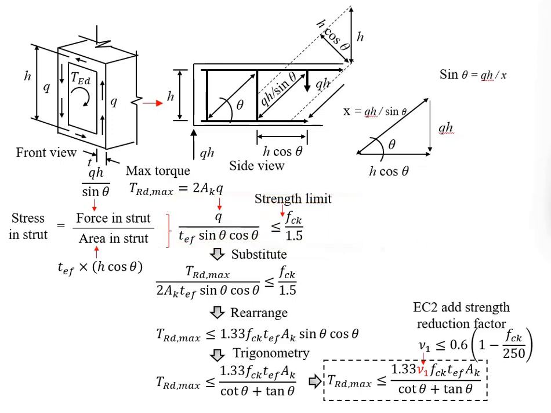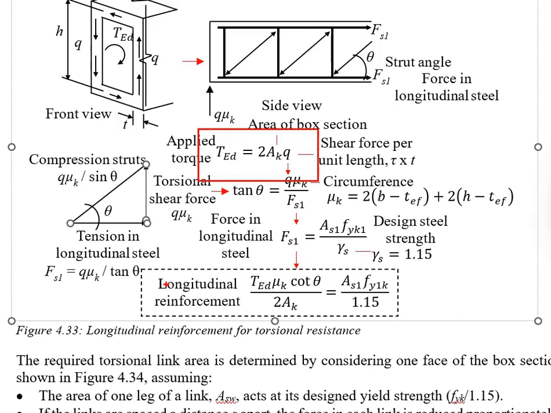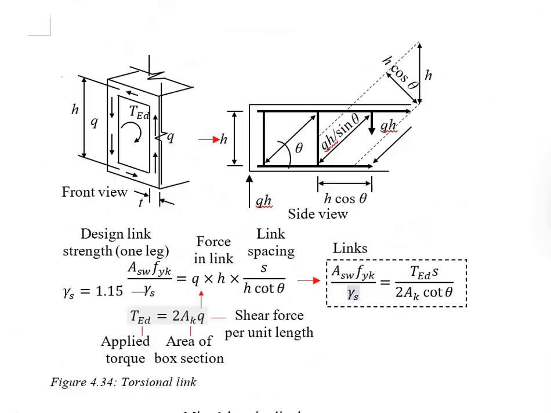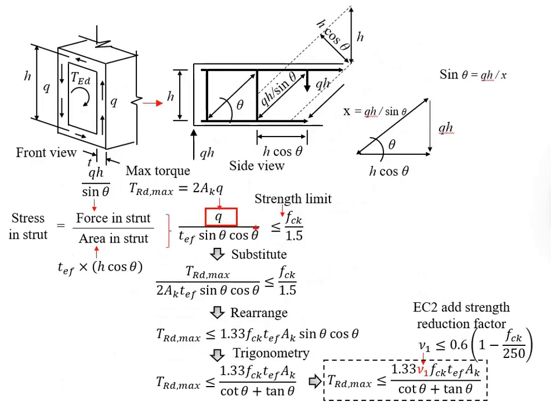Having this established, then we need to determine the maximum shear flow, which is related to the maximum torque that you can apply onto the member based on the strength limit here. We have discussed this formula previously, as you've seen this in the derivations of the longitudinal reinforcement and also the torsional link. Substitute the Q here, where you're going to have 2 times the effective area being brought to the opposite.